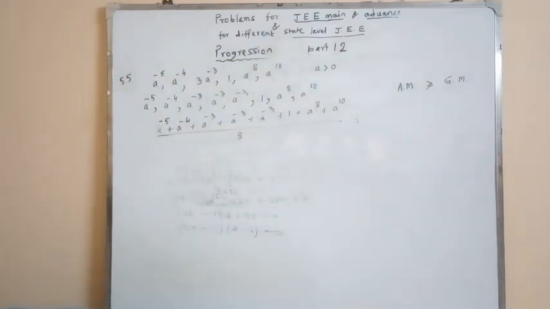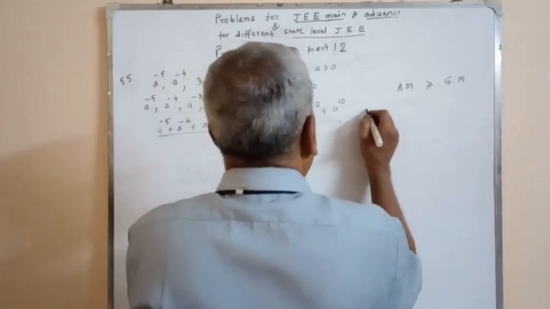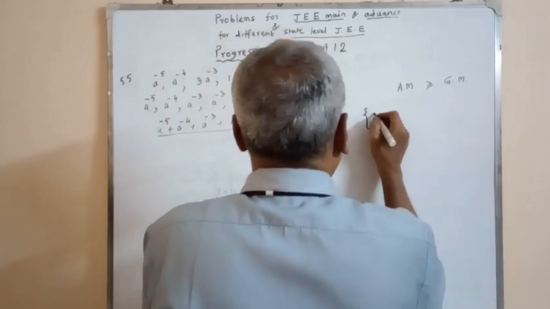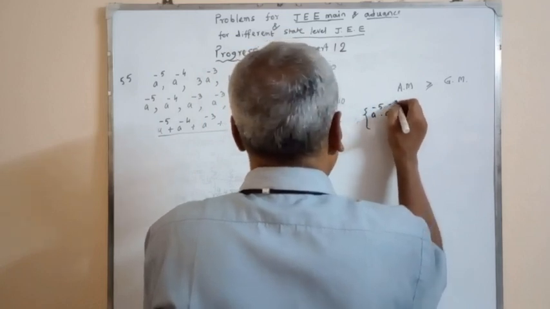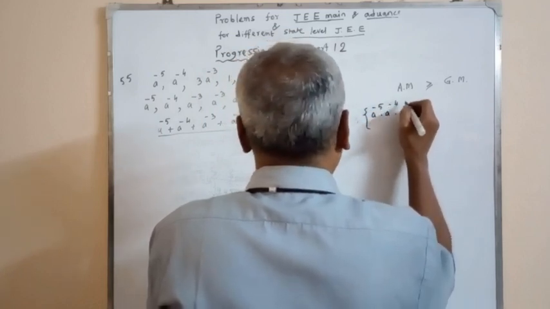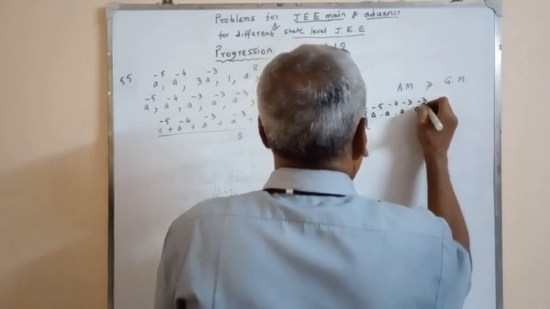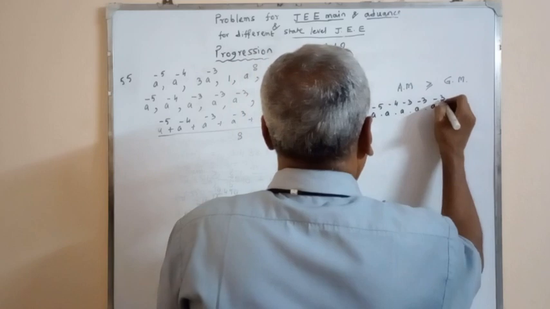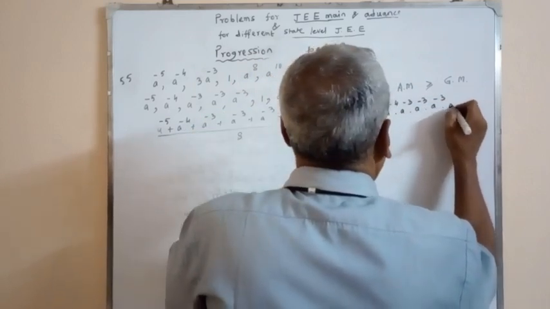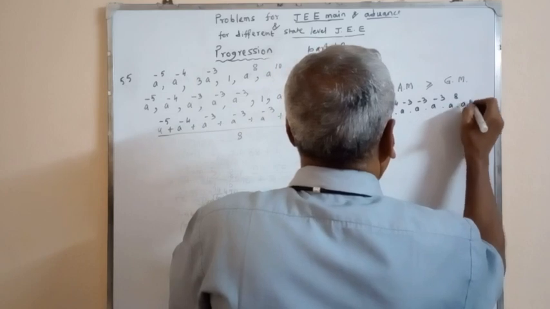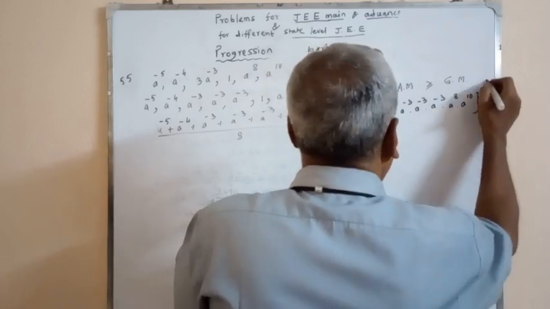It means the geometric mean, the product a to the power minus 5, a to the power minus 4, a to the power minus 3 thrice, into 1 into a to the power 8 into a to the power 10, whole to the power 1 by 8.